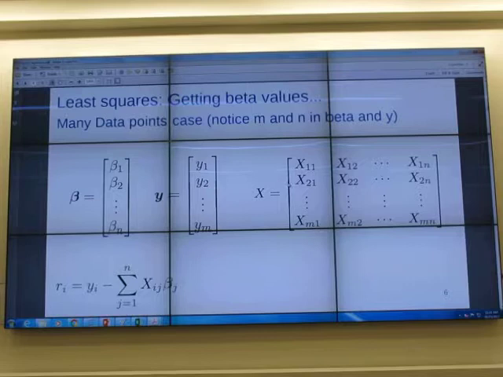No. I have n columns and m rows. It's not square. Okay? It's like a rectangle shape. It has to be more rows than the number of columns. That's for your x. More rows than the number of columns means you have more data points than the number of things that you try to fit.